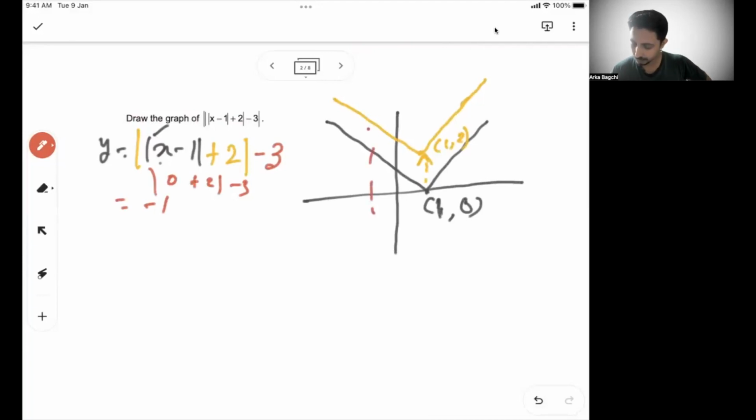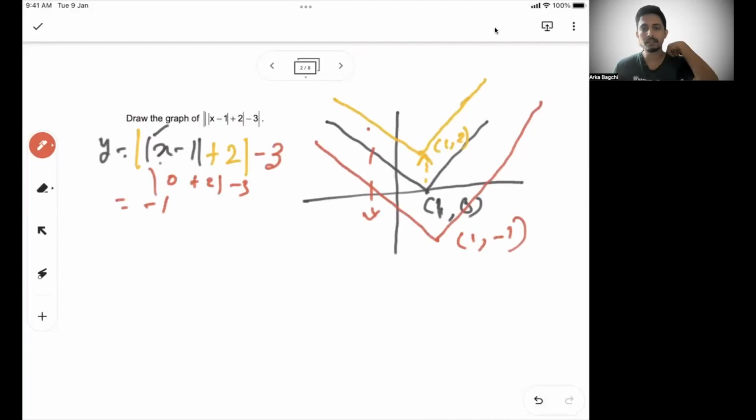So the same graph will start coming down, and we will have this graph where at x equal to 1, y will be minus 1, right? Because from here to here, it will come down by 3 units. So the yellow line will come down by 3 units. So y from 2 will come down to minus 1. So this point is 1 comma minus 1, like I said. So this red one will be your graph.